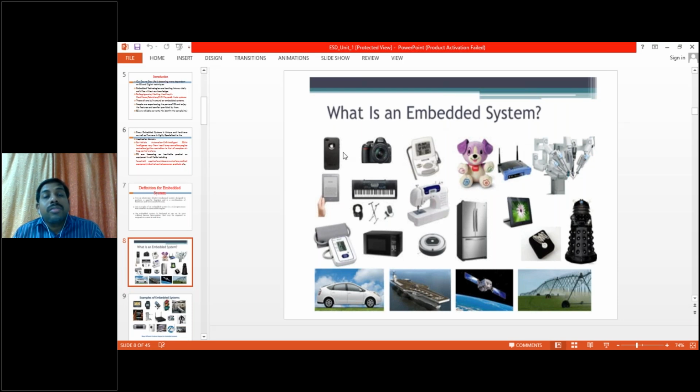The examples here are a smartphone, tab, pagers, car, digital camera, piano, microwave oven, electronic sewing machines, toys, weighing machines, refrigerator, modems, and satellite systems. So these all come under embedded system applications. We'll just go through some.